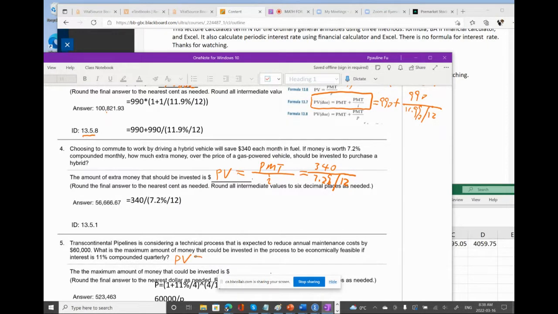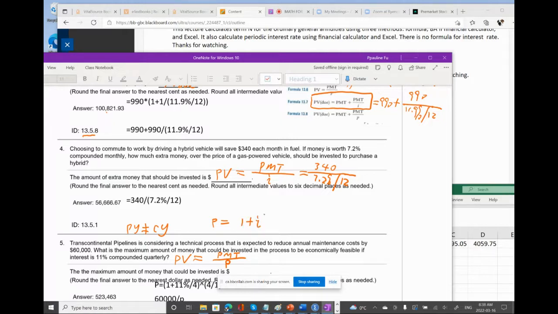So present value equal to PMT divided by I. But if you have a number of payment PY not equal to CY, you need to use equivalent rate per payment period P. So what is P? P is equivalent rate per payment period.